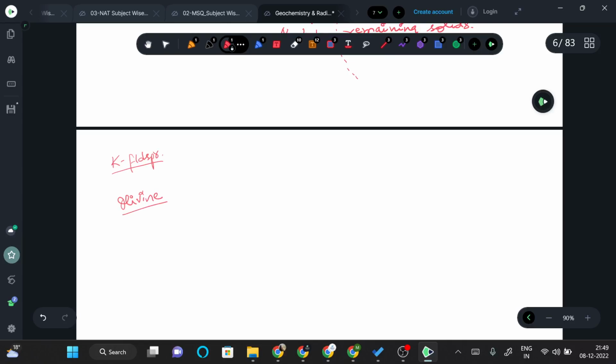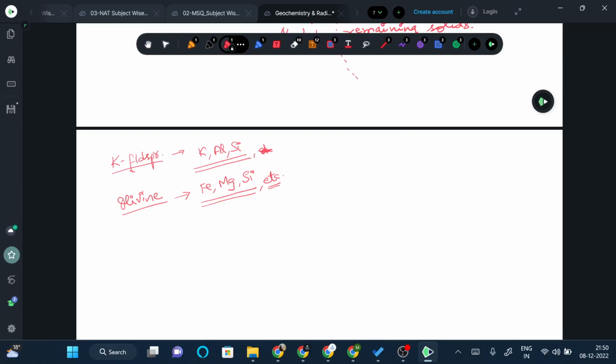K feldspar has potassium, aluminium, and Si. Similarly, olivine can have iron, magnesium, and Si. There are also different varieties, so I am just mentioning the common ones. K feldspar has only this one, while olivine can have different varieties as there is a solid solution in between.